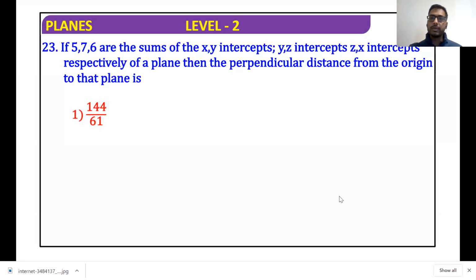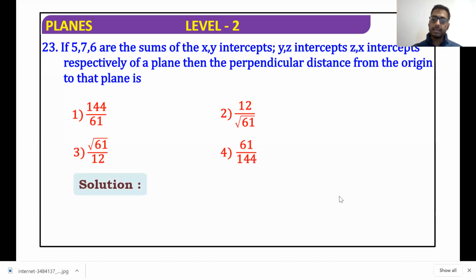Therefore, 5 is equal to a plus b, 7 would be equal to b plus c, and 6 is equal to c plus a. Solving these equations, I'll get values of a, b, and c, and then substitute in a formula. It was given that 5 is xy intercept, therefore I can say a plus b is equal to 5. 7 is yz intercept, therefore b plus c is equal to 7.